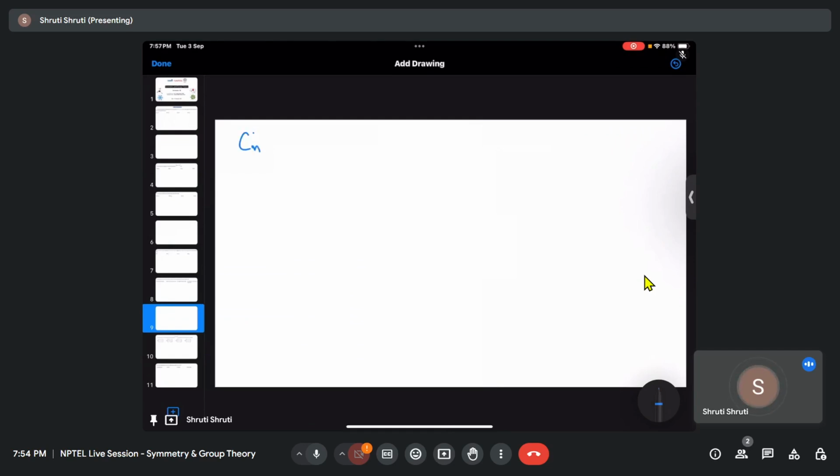Now for anti-clockwise along the z-axis we have cos theta, minus sin theta, 0; sin theta, cos theta, 0; 0, 0, 1.